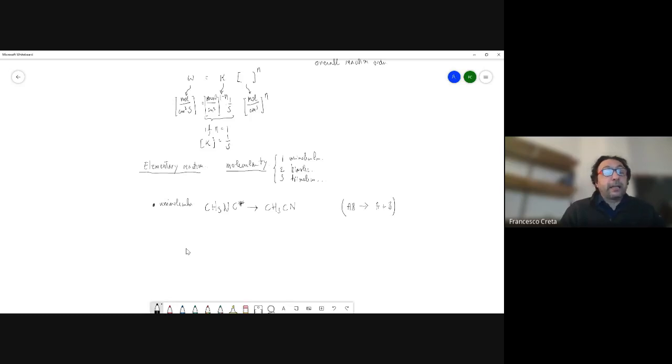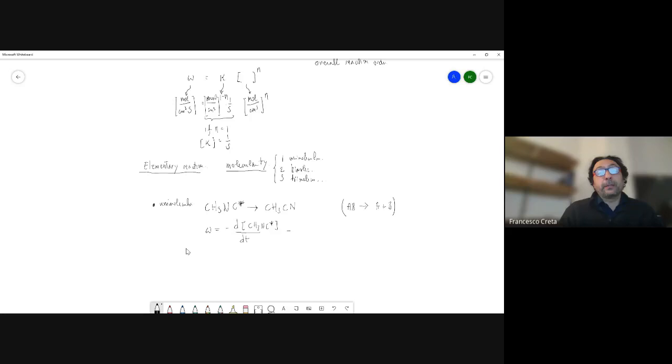When I write down the reaction rate, which by definition is in this case the rate of change of the molecular concentration of this molecule, bear in mind that I'm always considering irreversible reactions to make things easier.